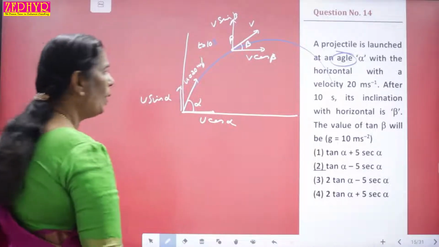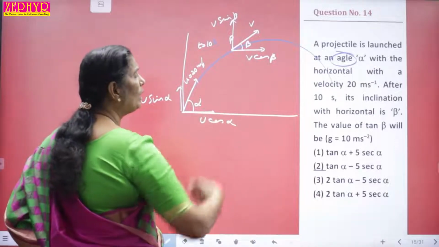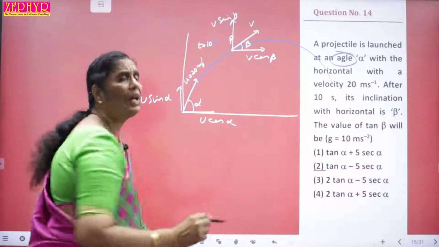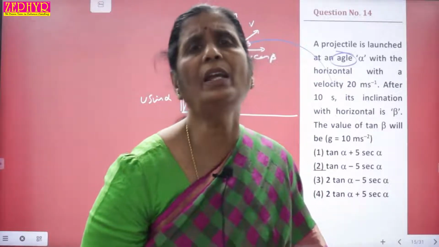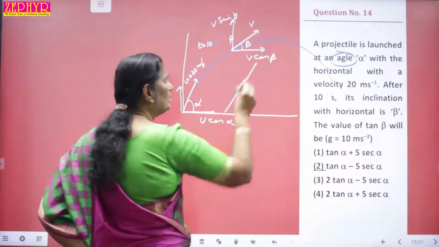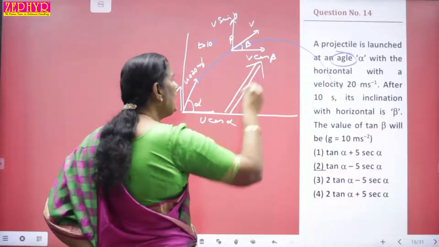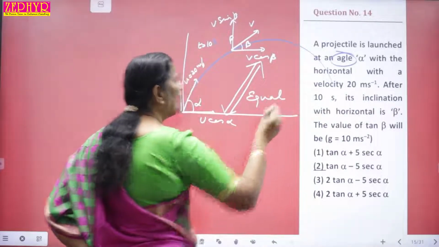Now what do we have to do? We have to connect them, one after the other. But we know that in projectile motion, the horizontal component of velocity is always constant. Vertical component velocity changes. Therefore, this is horizontal, this is horizontal. These both are equal because that is the property of projectile motion.